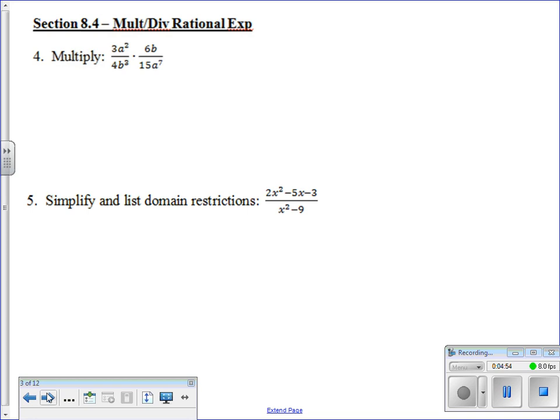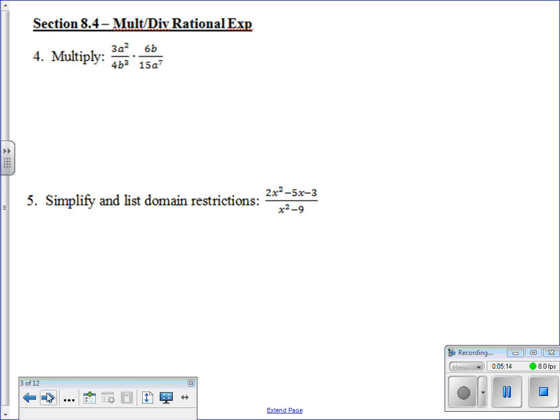Okay, 8-4 multiplying and dividing rational expressions. So the first one, multiply. What I would do, you can multiply and then cross cancel, or you can cross cancel first. I would go ahead and reduce this down first, particularly numerically.